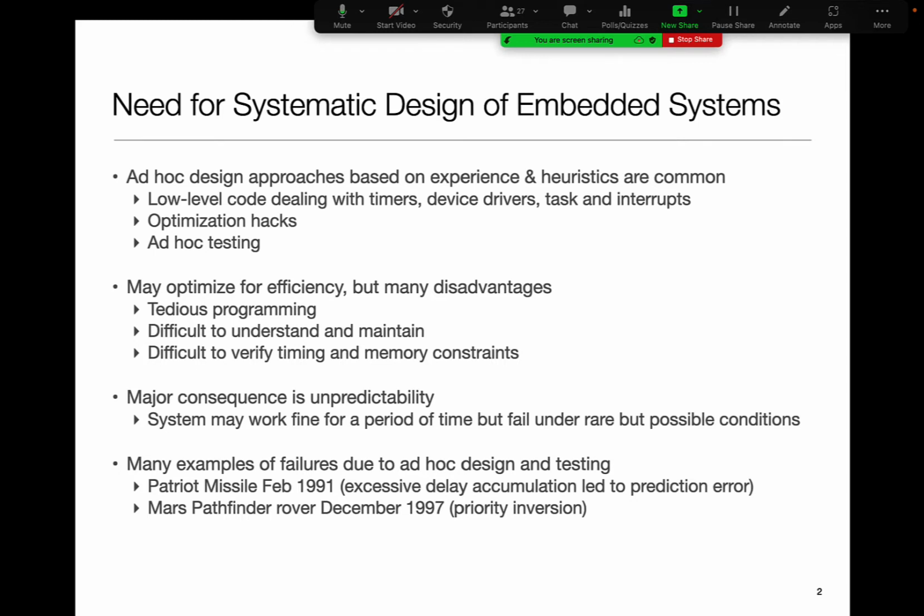timing properties. It used to be that a lot of this was done in a hackish fashion. You design, you test, see if it seems to be working, and you're happy with it. The problem is that as systems grew more complicated, that approach doesn't quite work.